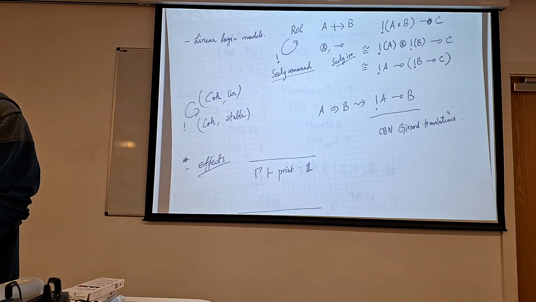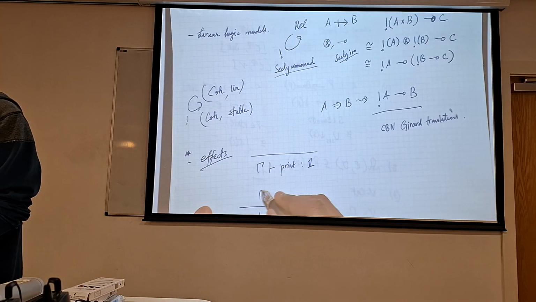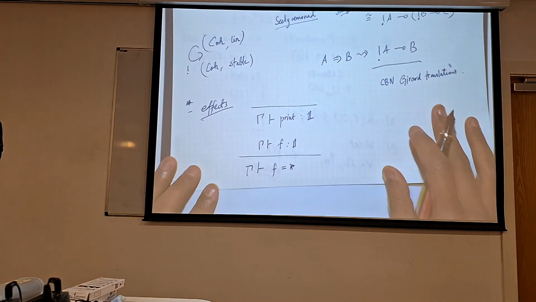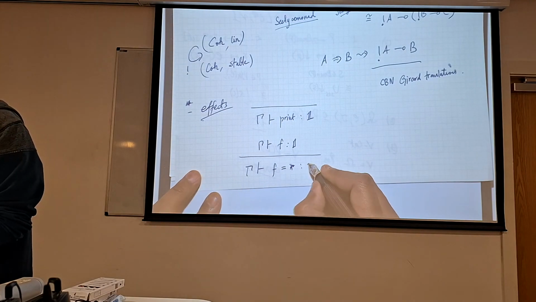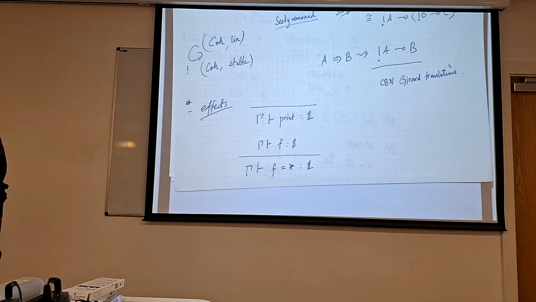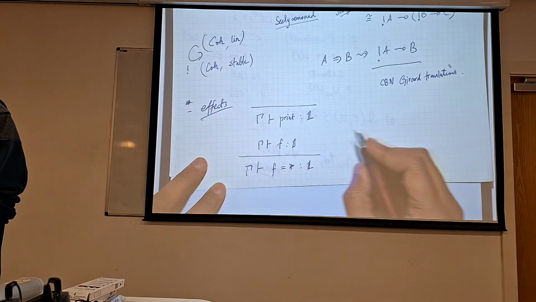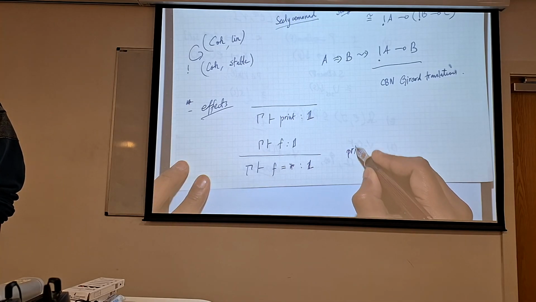Now I had this eta rule for units, and now this is just not true, because I have print, and print is not equal to star.